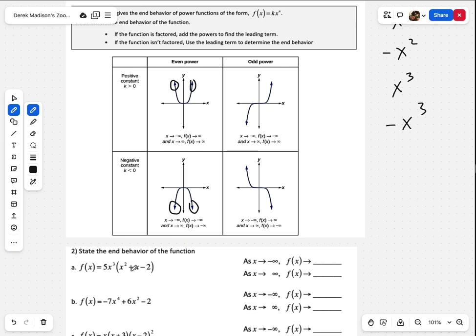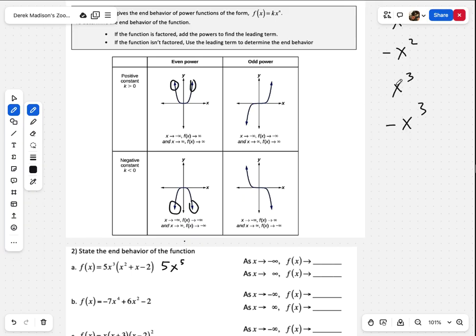If there's no factoring happening, you can just look at the leading term right there in front. So let's take a look at these. This one is going to be, like I said, if I distributed that 5x through, I would have 5x to the 5th, which means it is positive because this 5 is positive, and odd because the power is odd.